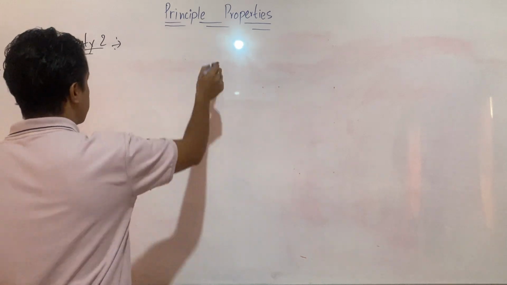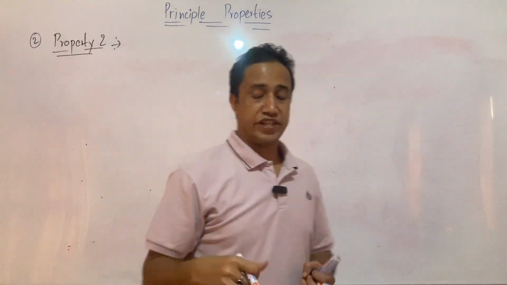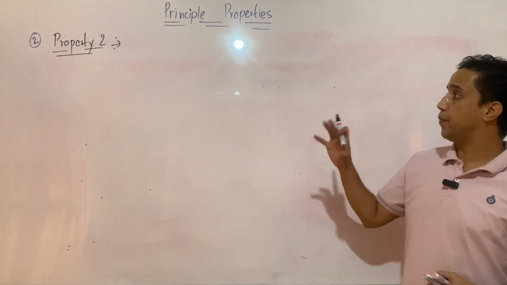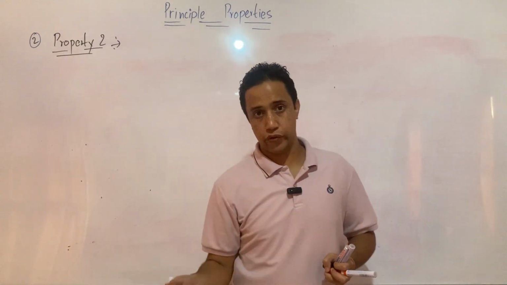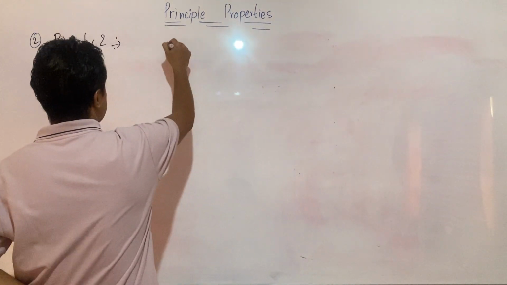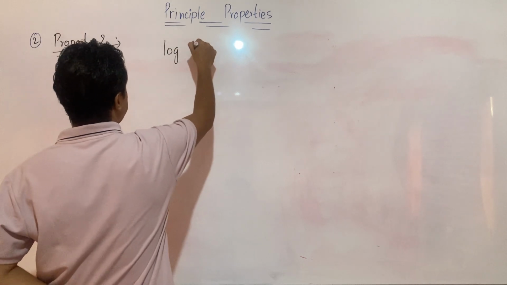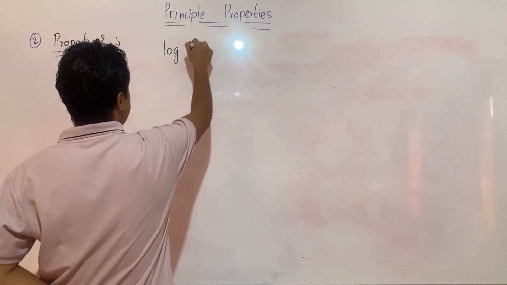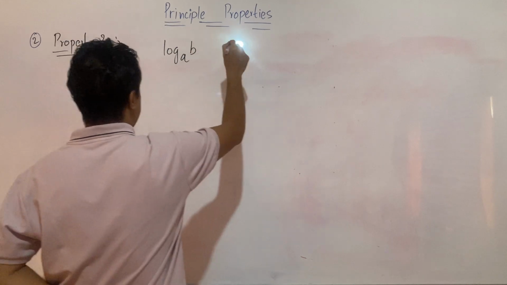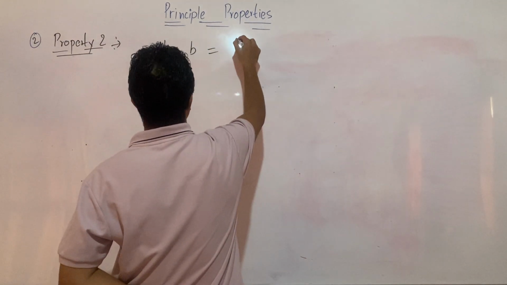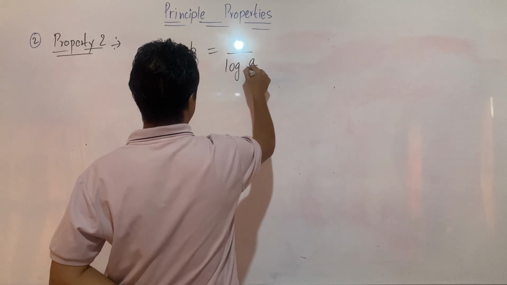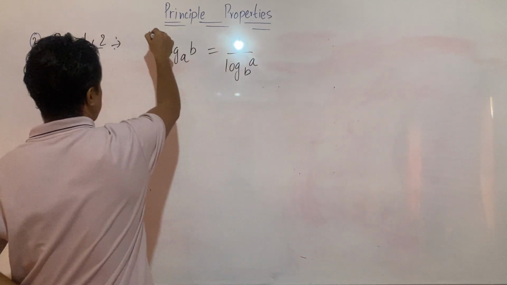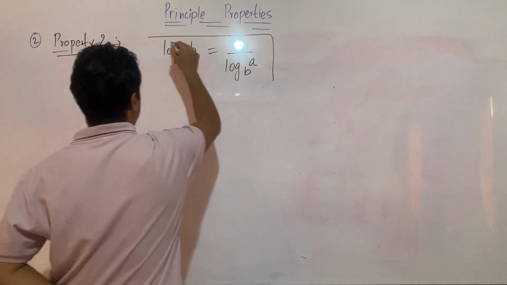So it says that this property is basically the implementation of base changing rule. Okay, what does it say? It says that log of b to the base a is equal to 1 by log of a to the base b. Okay, so this is the property.